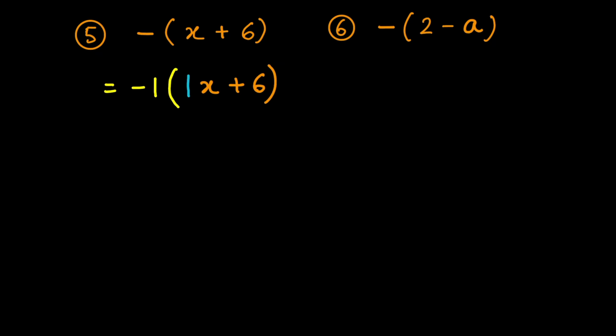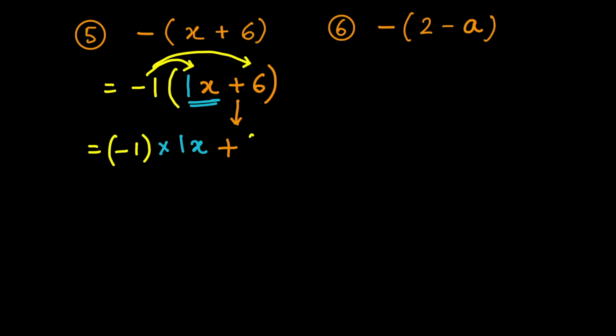Now we distribute this minus 1, so it gets multiplied to the first and then it gets multiplied to the second. So minus 1, since it is a negative, we put a bracket around it, then times the first term, so 1x, then continuing with the same sign, we'll write plus here, and the minus 1 outer number gets multiplied to 6.